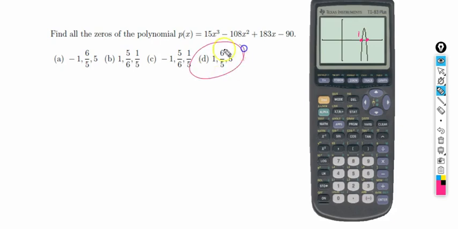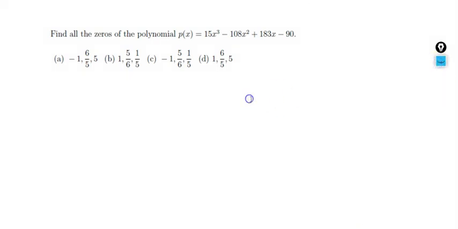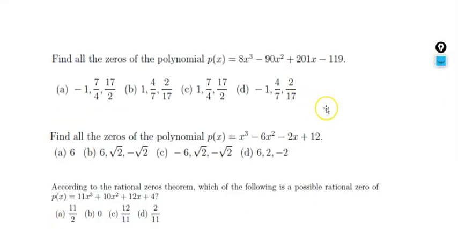And 6/5, well, 1 is 5/5, and 6/5 is slightly more, so that fits. Okay. So this is an instance where your graphing calculator does give you the picture. You can use it for multiple choice. Let's look at this one.